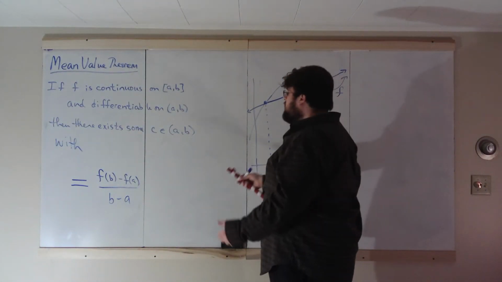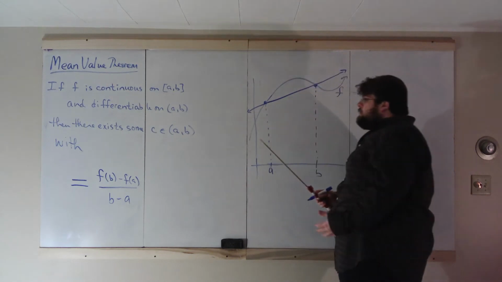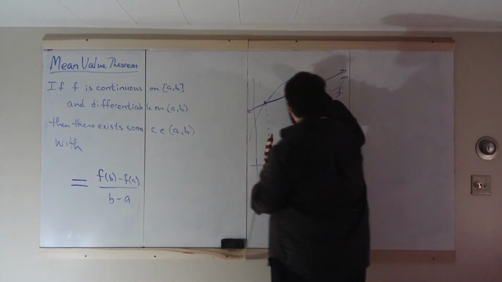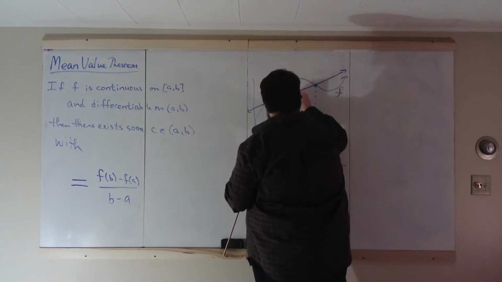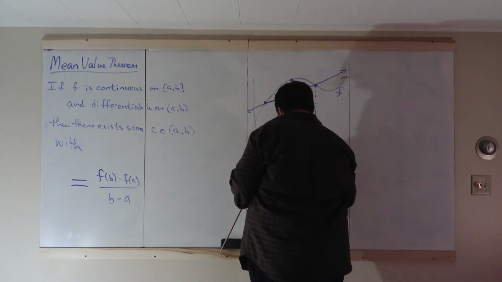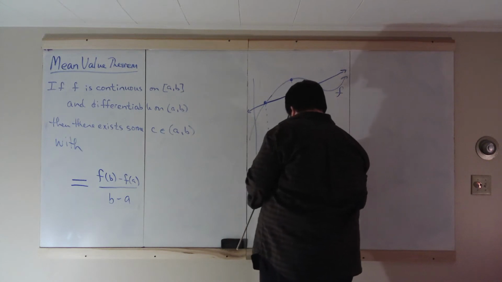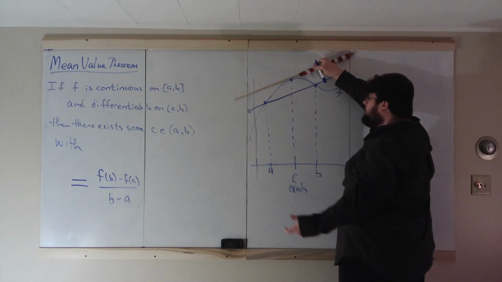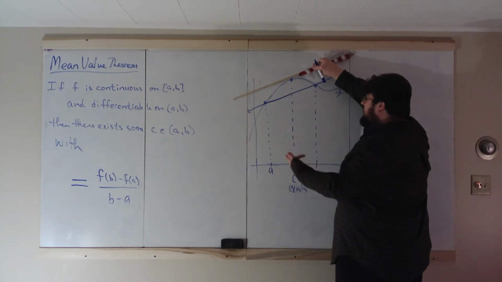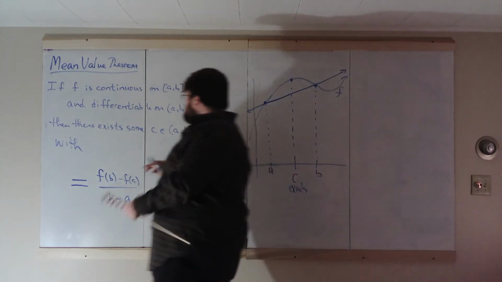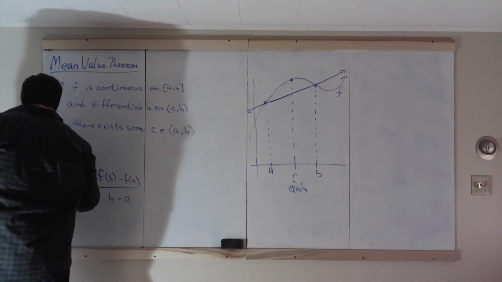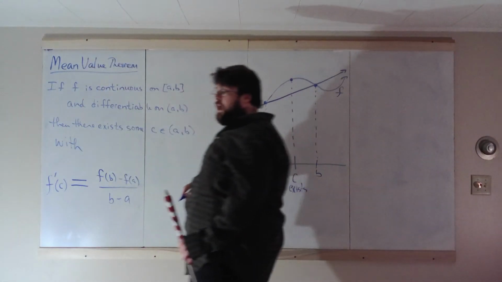Well, we're saying there exists some c where at that c the tangent line is parallel. What is the slope of this tangent line? So the derivative evaluated at c.